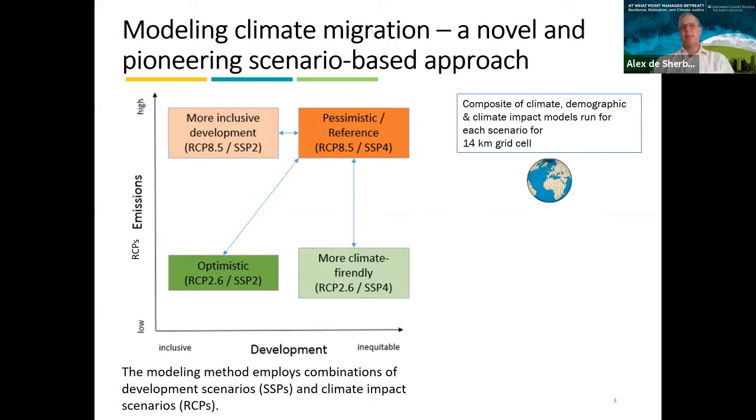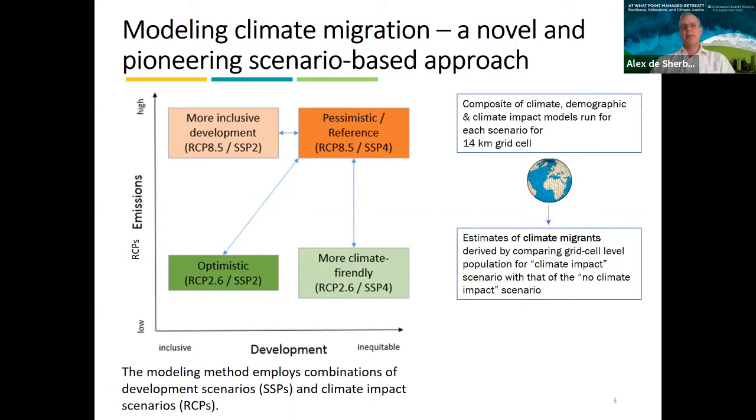So we call it the climate impacts versus the no climate impact scenarios. If you subtract one from the other, you in essence get a difference, and we assume that that difference in population distribution is due to climate migration.